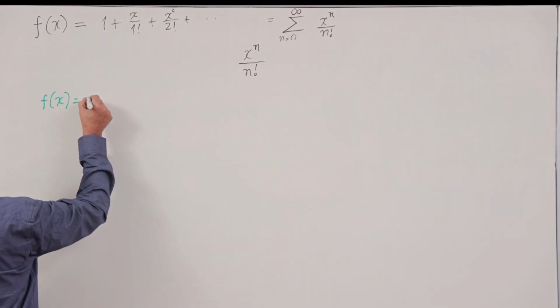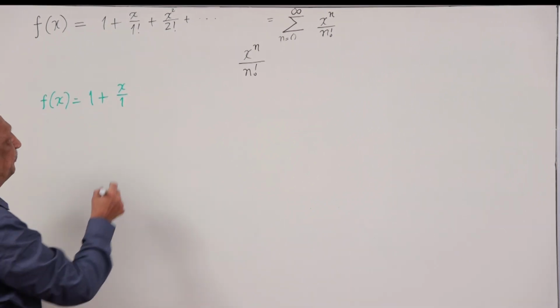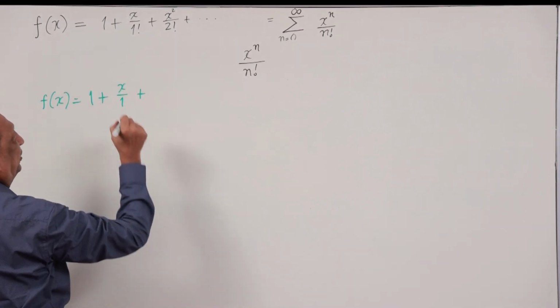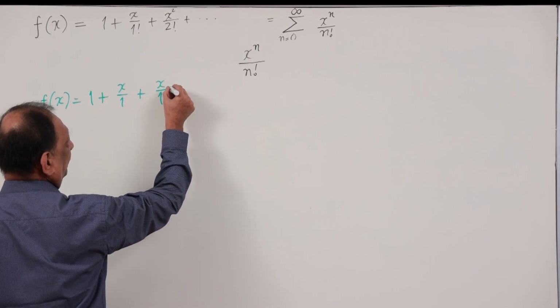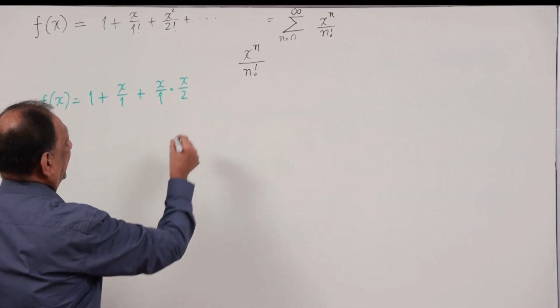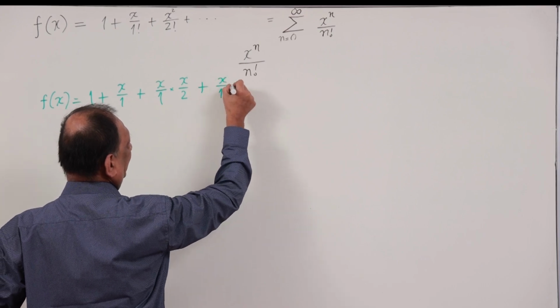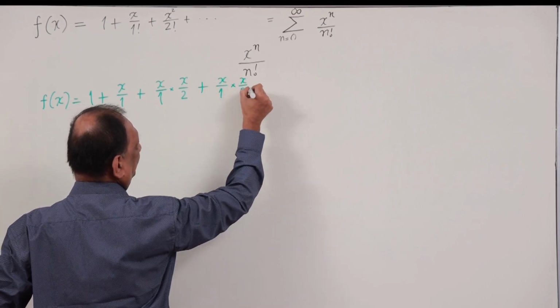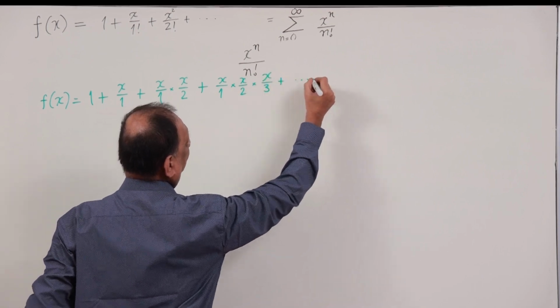Fx equal to 1 plus x by 1, no problem, plus this x square by 2 factorial, right, as the previous value, which is x by 1, multiplied by x by 2, right? And the next, which is x cube by 3 factorial, I write as x by 1 multiplied by x by 2 multiplied by x by 3 plus etc.